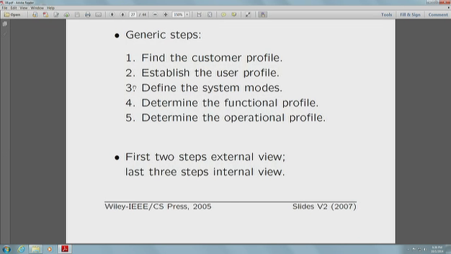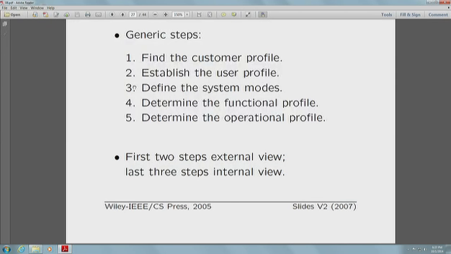Okay, at the top level, it's the customer profile. The next level is the user profile, then the system mode profile, then a functional profile and an operational profile. So you have 5 profiles along the way, and the first 2 are completely external view. The last 3 are a gradual transition into an internal view of the system operations so that you can test it.